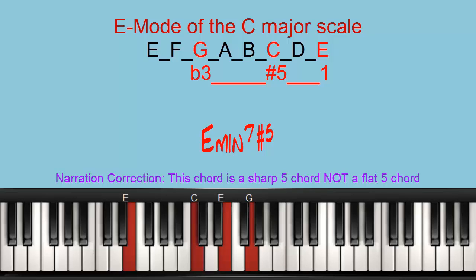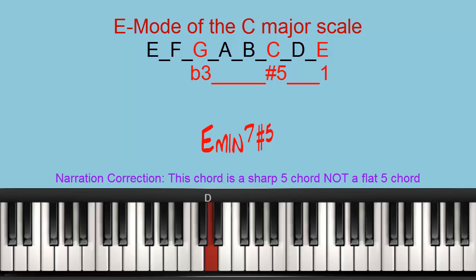So we're going to end up with an E minor 7 flat 5, but we need to add the flatted 7th, which is D, and now we have an E minor 7 flat 5 using the C triad and adding the 9th from the E scale.